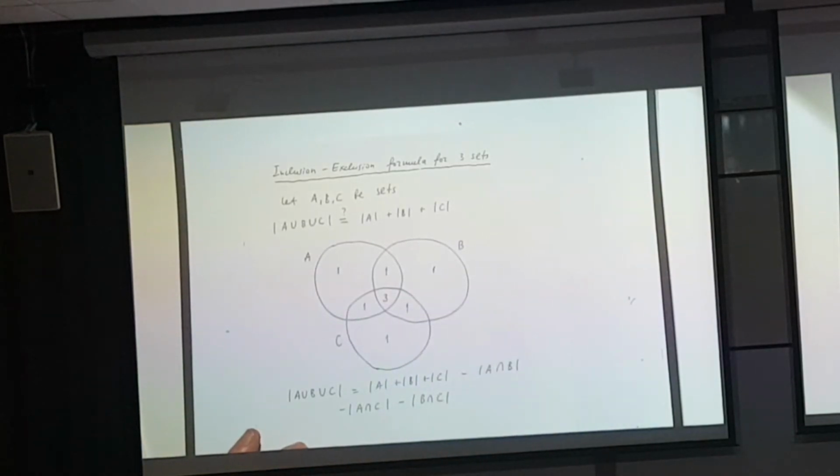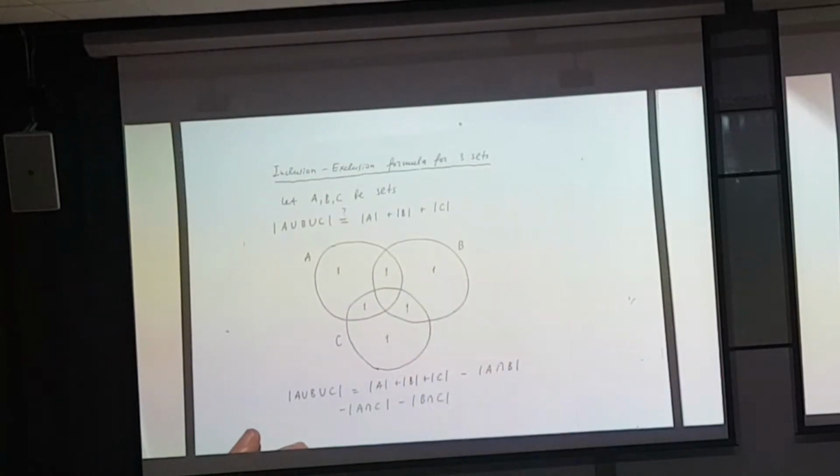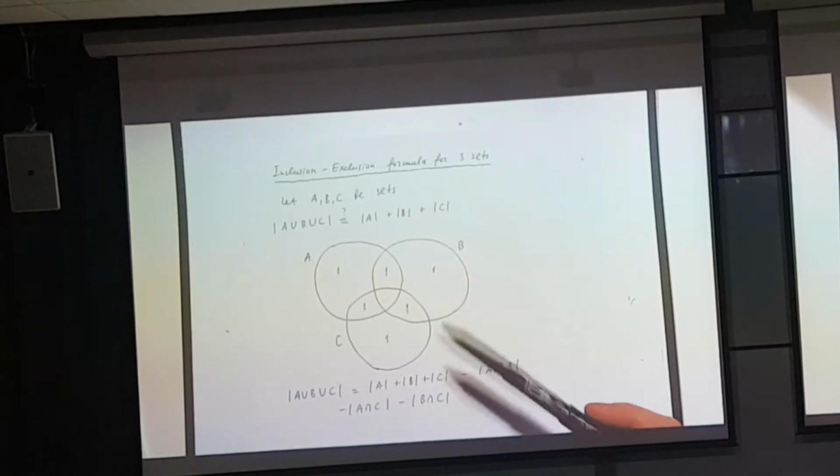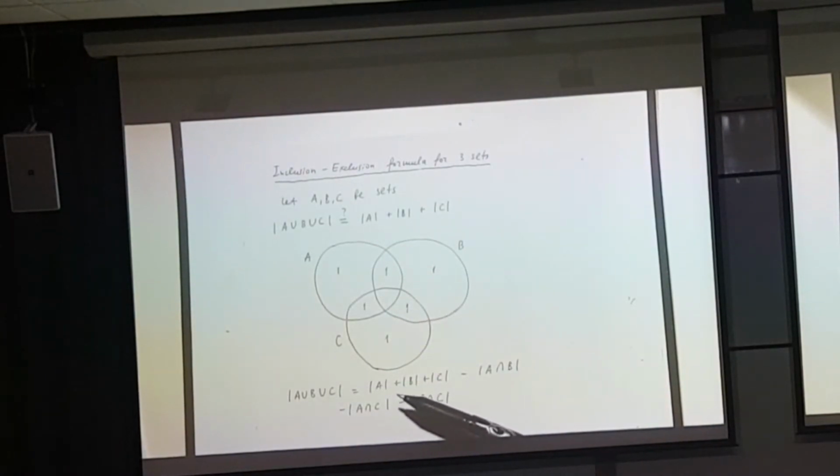So what happens now at the very center, where we have the triple intersection? In this formula, these elements come with a plus 3 times, because they are present in the first term, the second, and the third term. And they also are present in each of the negative terms.